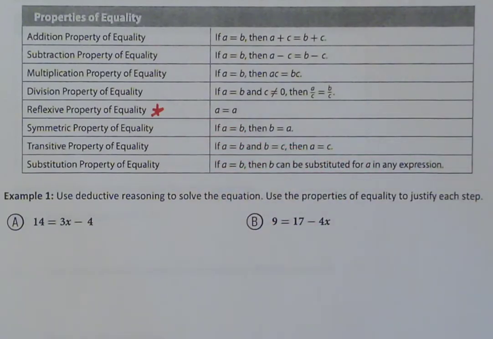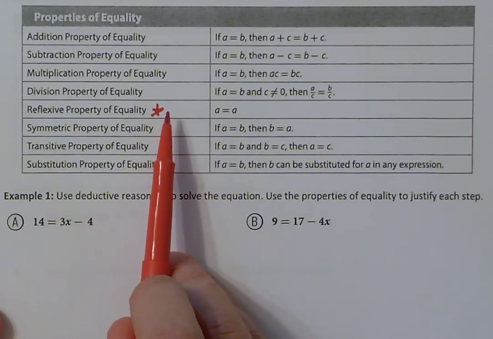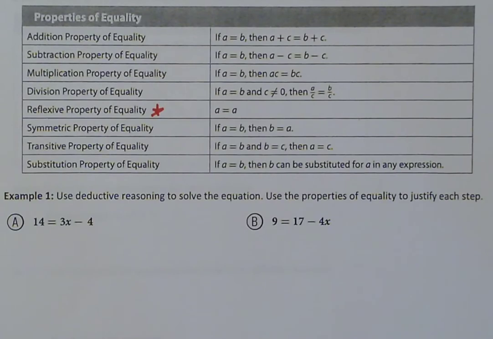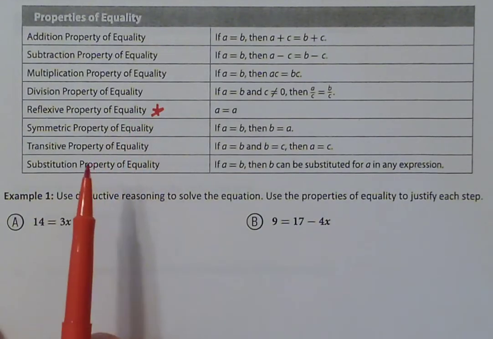And you'll see it pop up when we talk about proving triangles congruent. When we get to that module, in module 5 and 6, I believe, this does pop up quite a bit, and it is actually a very handy thing. So if triangles share the same side, I can say that the side AB is equal to AB based off the reflexive property. It's just a point of formality and something we need to do, but this is one you do want to remember.